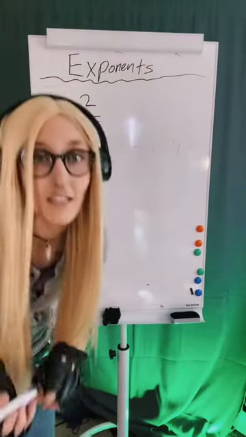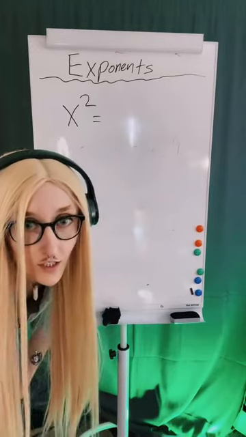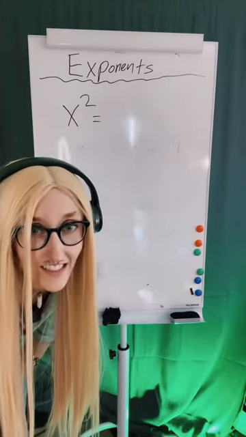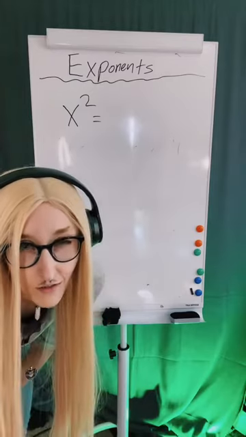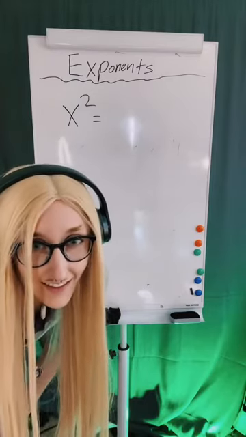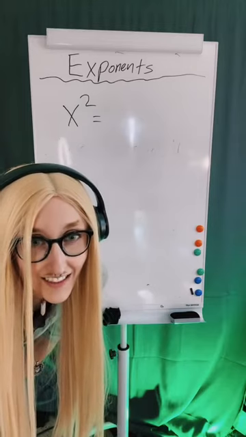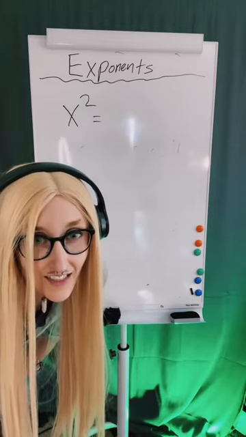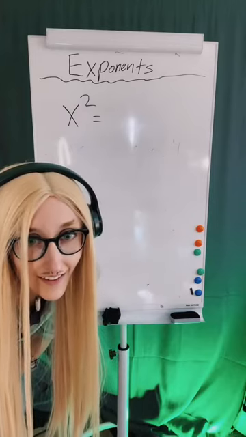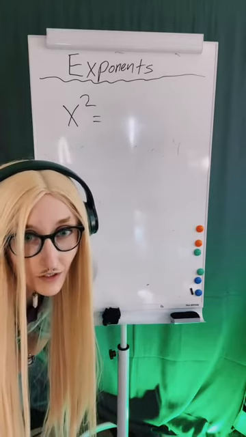Who knows what it means if I have x squared? Who knows what x squared is disguising itself as? This is a really weird way to say it, but I'm going to see if anyone can guess it. Awesome. I'm seeing some people get it. Beautiful.